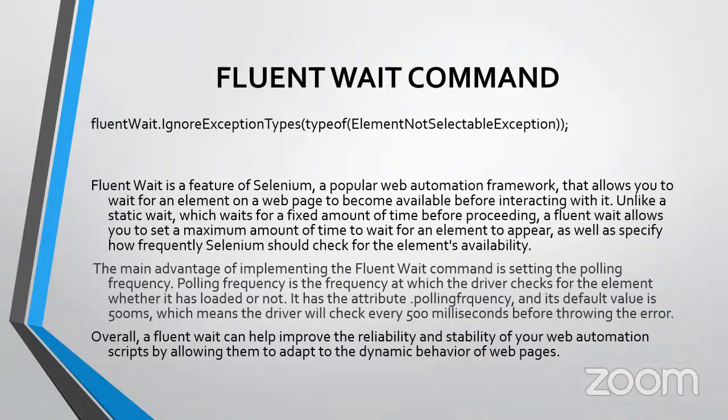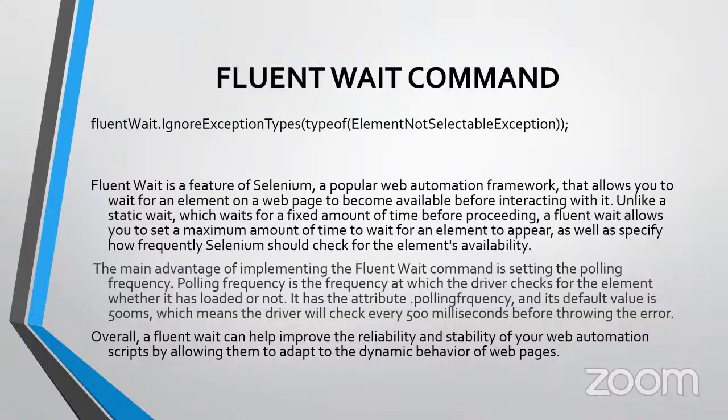Unlike a static wait, which waits for a fixed amount of time before proceeding, a fluent wait allows you to set a maximum amount of time to wait for an element to appear, as well as specify how frequently Selenium should check for the element's availability.